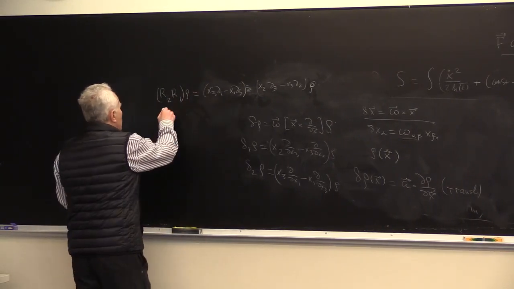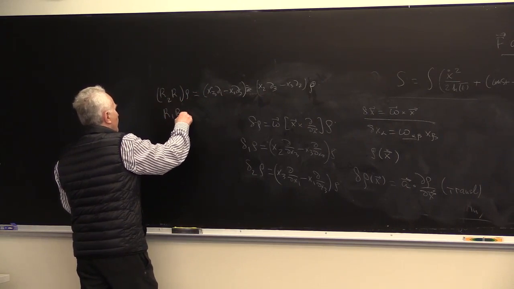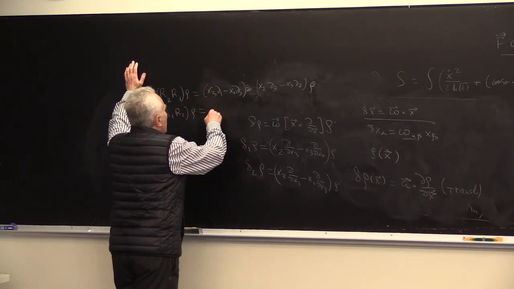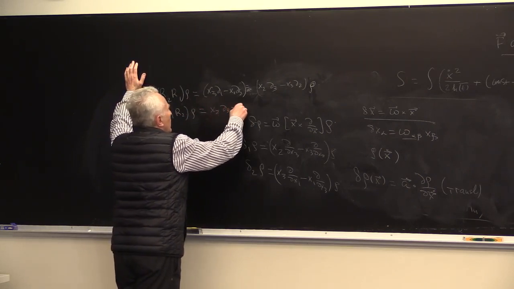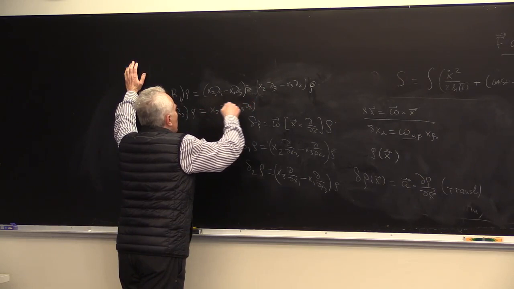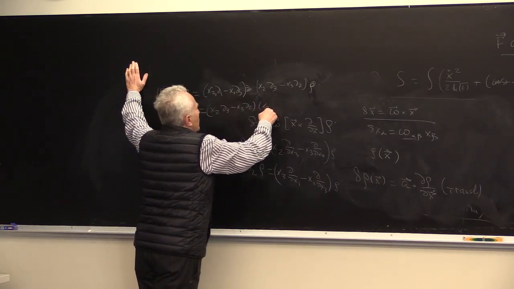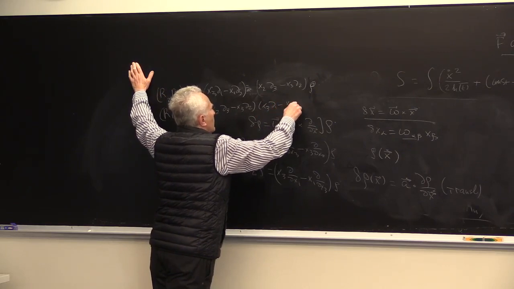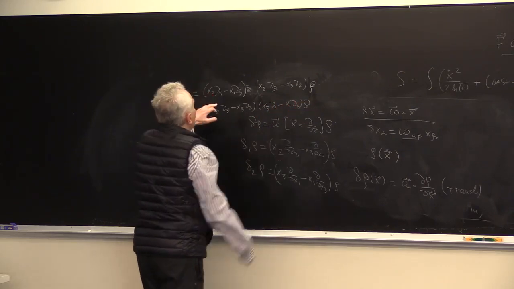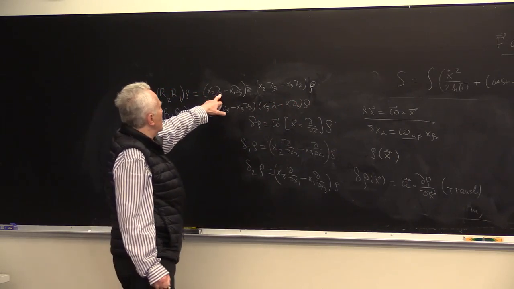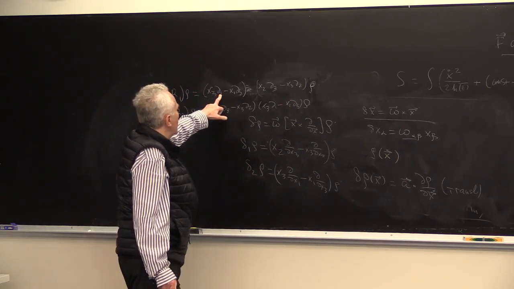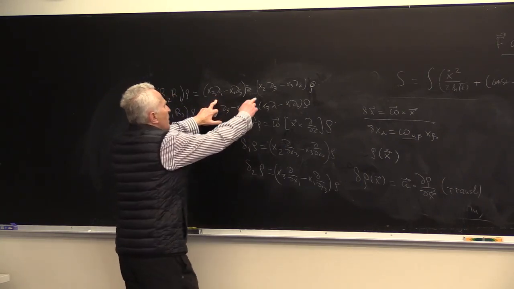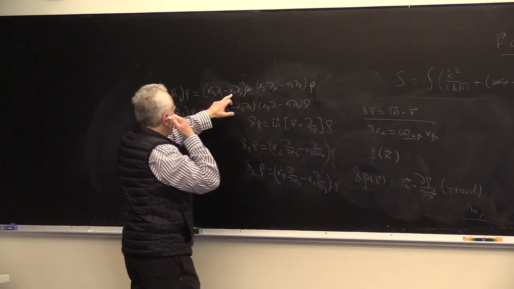And now if I do it in the opposite order, I will get x2 d3 minus x3 d2 times x3 d1 minus x1 d3 in the other order. They don't commute, because this one doesn't differentiate anything here, so there will be no contribution.